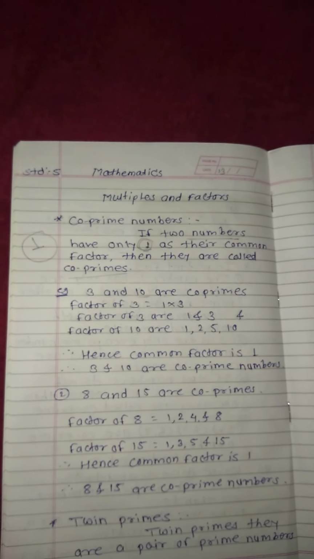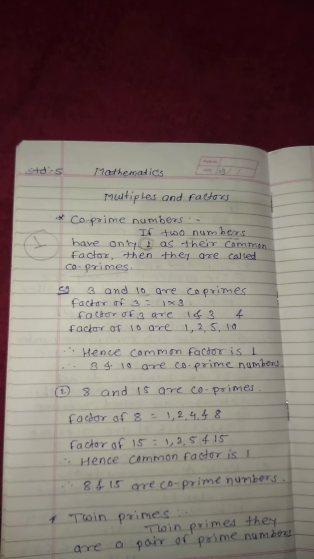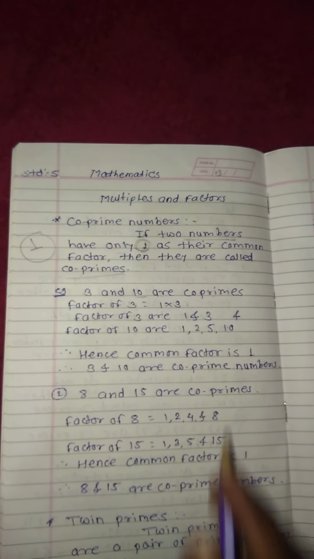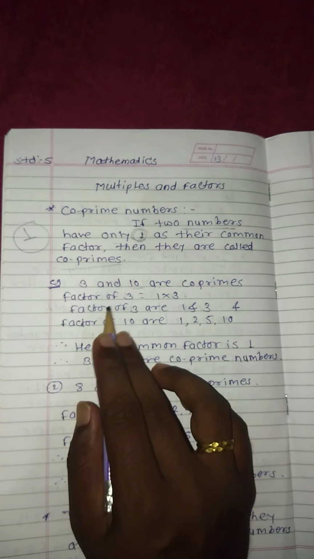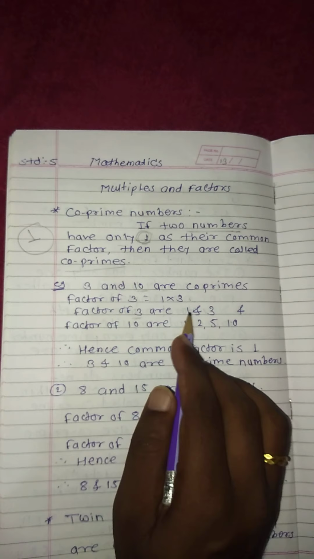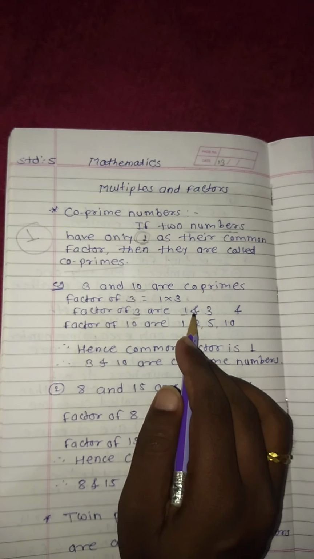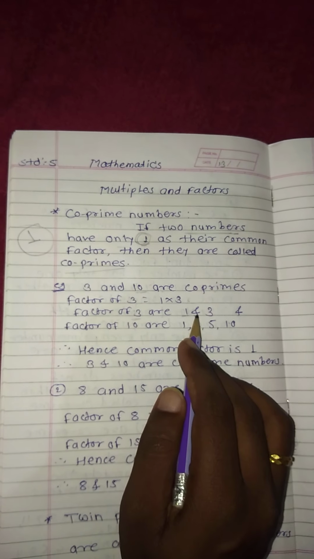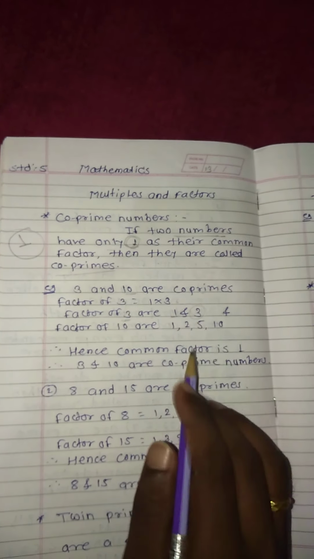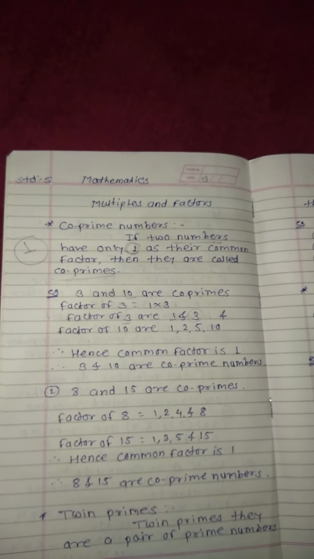To say that they are co-prime numbers, I have to show that these two numbers have only 1 as their common factor. Everyone knows how to write the common factors. The factors of 3: 1 is a factor of every number, and there are no two numbers whose multiplication is 3, so 3 itself is a factor of 3.